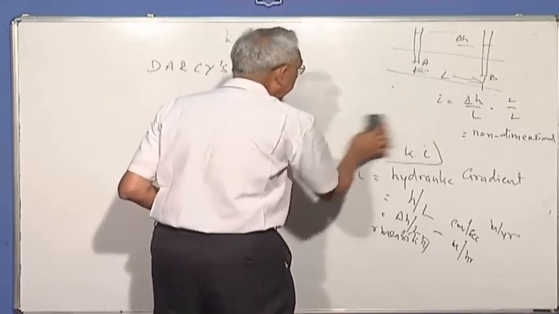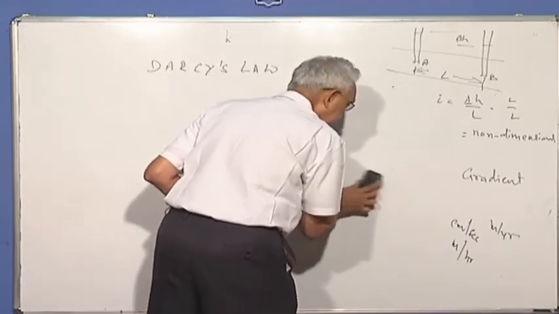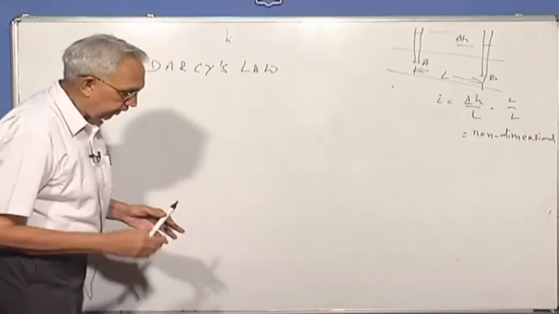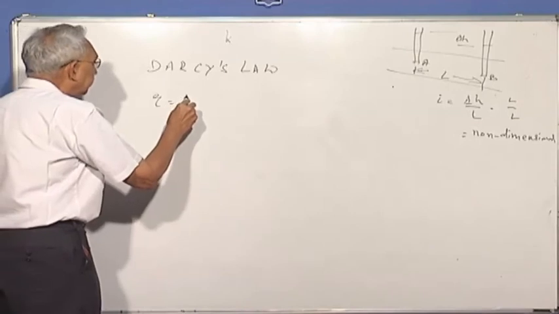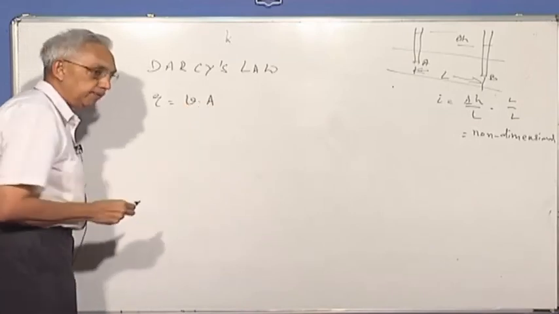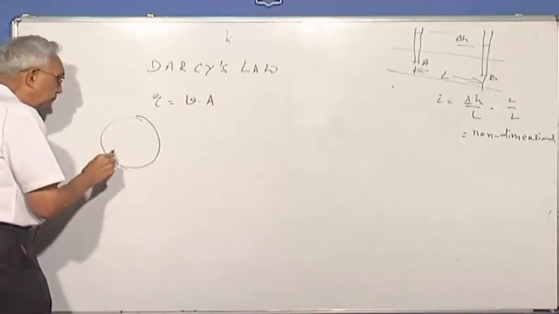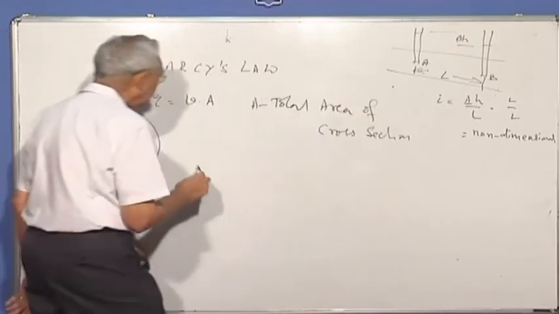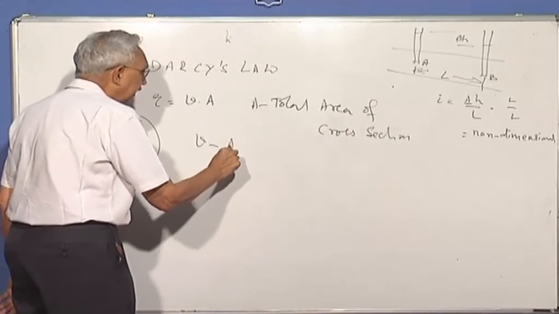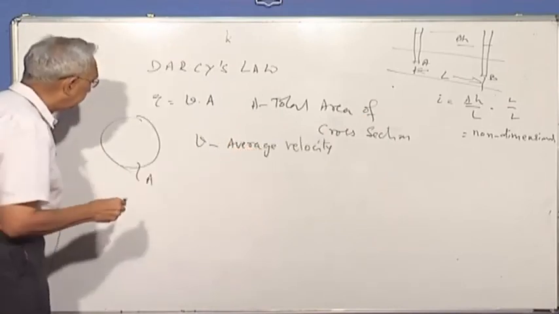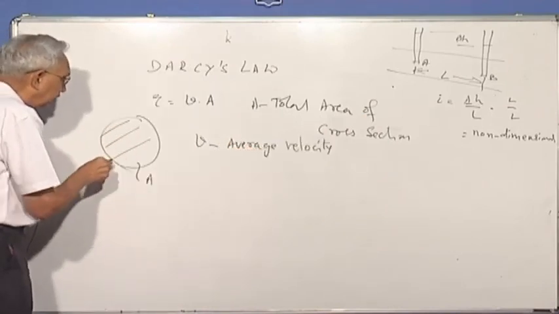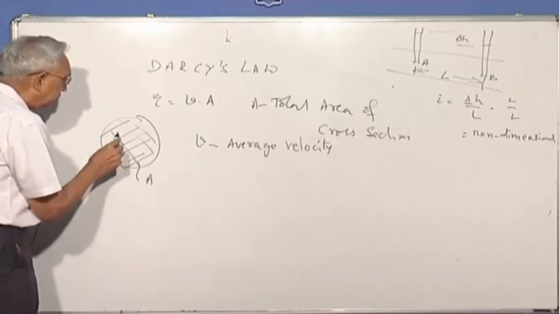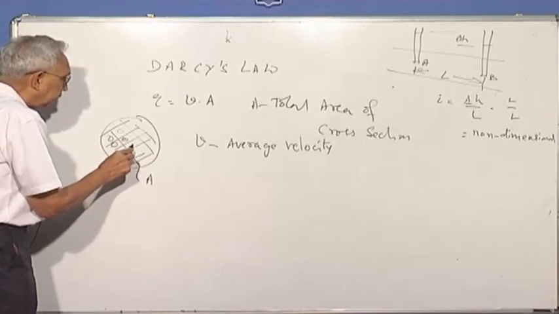I just want to mention one last thing in this aspect. When you are measuring the quantity Q, it is velocity into area. So when I am looking at the tube, I am looking at the total area of cross section. So can I say this V is the average velocity? Please note that the water will not flow through this whole area because it has lots of grains, solid particles.